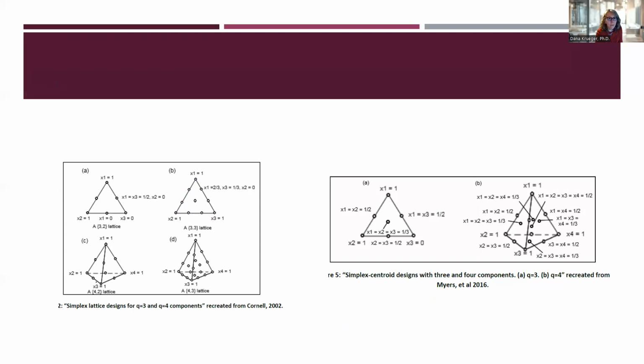If we have 4 components, we have 4 corners. I drew it wrong. We can see if we have just 2 levels that we want to check, and then if we have 3, what that looks like in these pyramids. Where for the simplex centroid, here's that center point, and that's going to make these center points along each face of the pyramid.